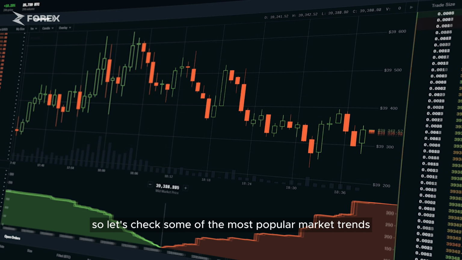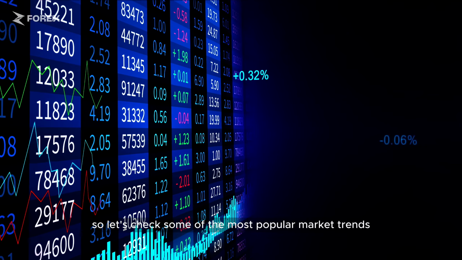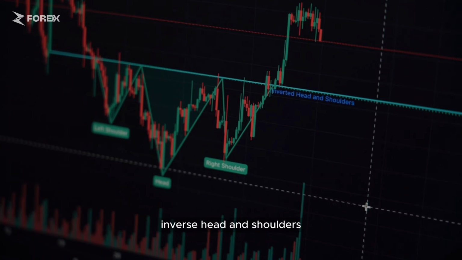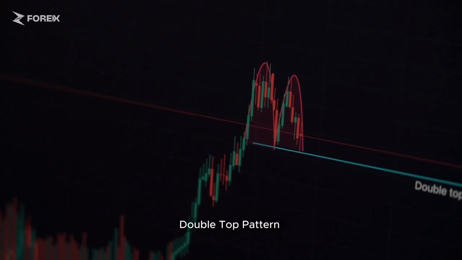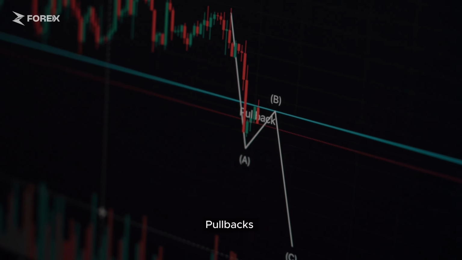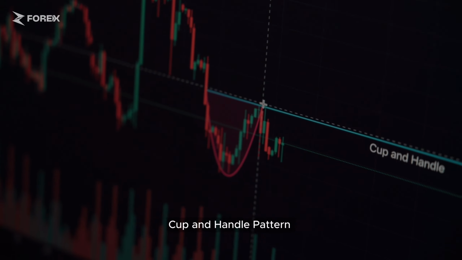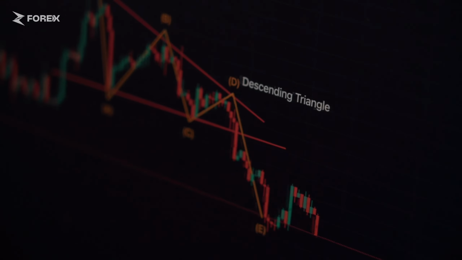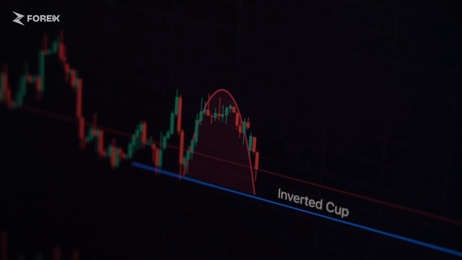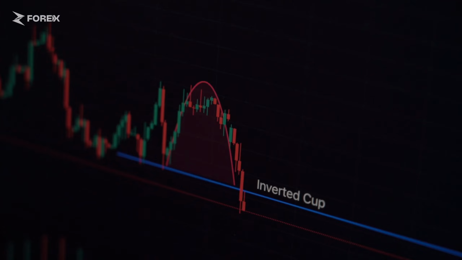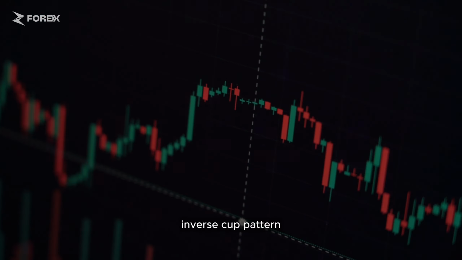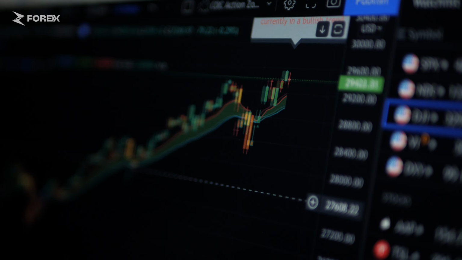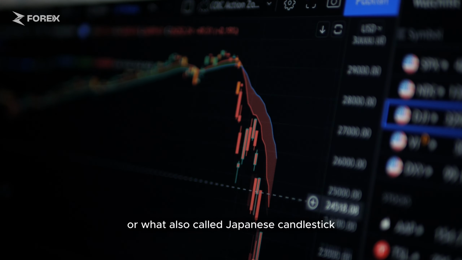So let's check some of the most popular market patterns: head and shoulders, inverse head and shoulders, double top pattern, pullbacks, cup and handle pattern, flag and pennant pattern, triangle patterns, cup pattern, inverse cup pattern, and the most popular one, candlestick patterns, or what's also called Japanese candlestick.